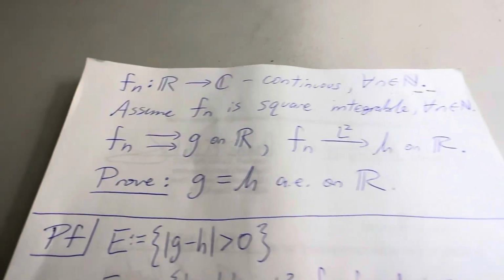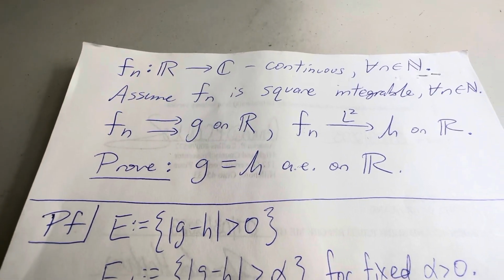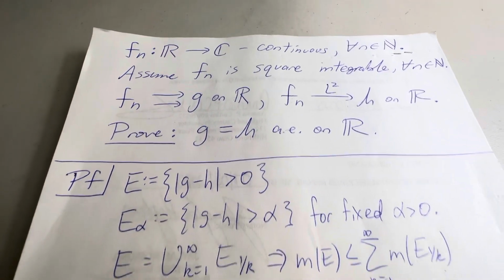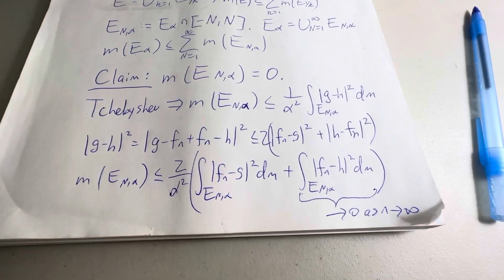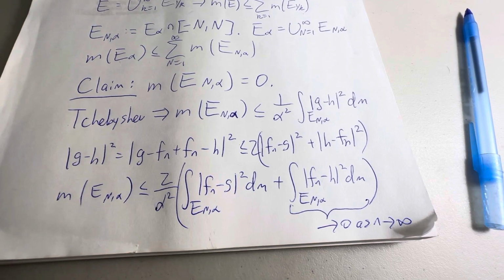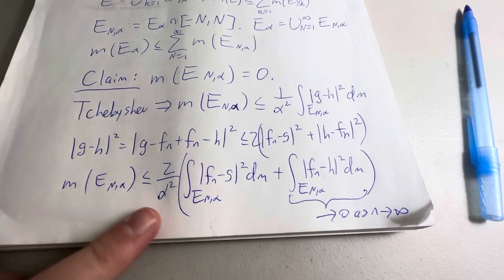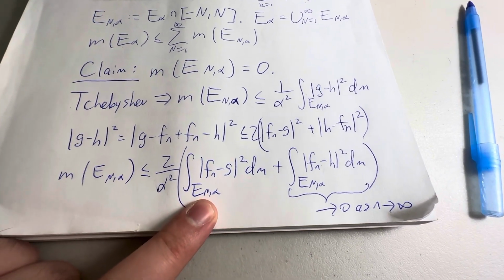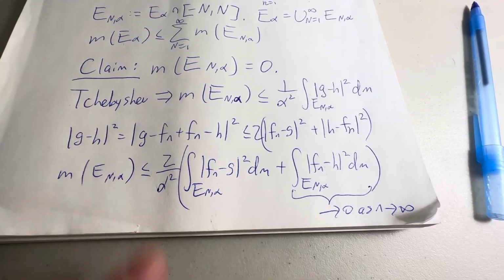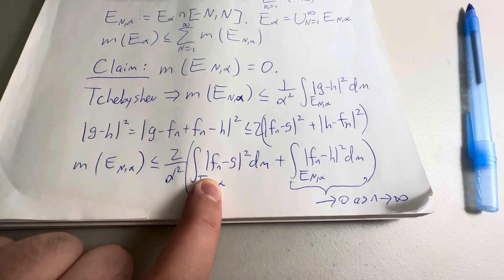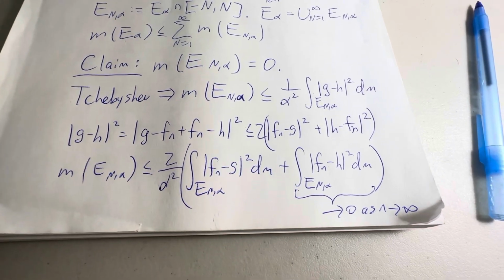And in this case, we have uniform convergence here. Fn converges uniformly to G. So for that logic, you can pass the limit inside. But actually, to do that, you need to know that the space that you integrate over has finite measure. And I did not know if E alpha had finite measure or not.